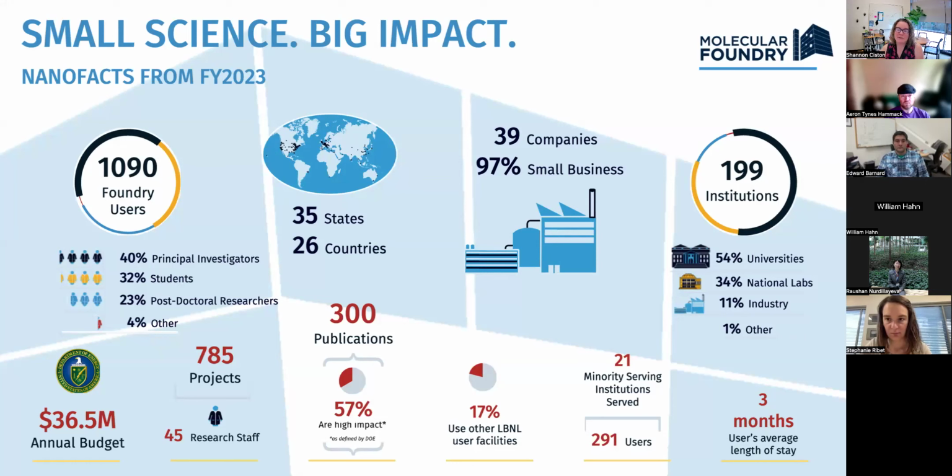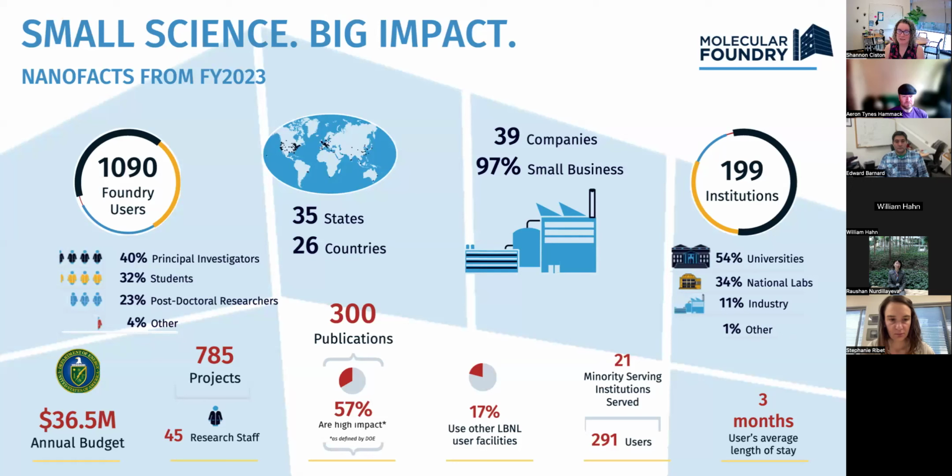This is a little bit about our user community that we serve. In fiscal year 2023, we served over 1,000 users. About 2/3 of those, or 3/4 or so, are folks who come on site to access our capabilities, while the balance are accessing capabilities and collaborating remotely.